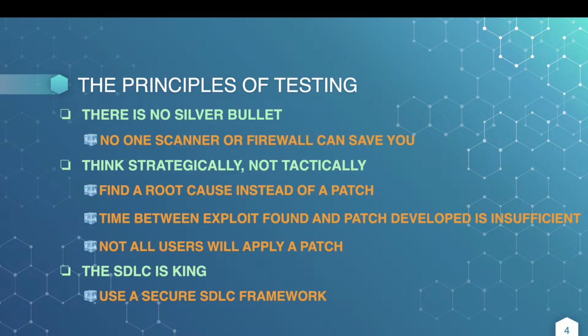We also know that one of the principles of testing is the software development lifecycle is king, according to the Web Security Testing Guide from OWASP. We want to use a secure software development lifecycle framework, but of course this requires you to have at least some business knowledge already. What is a software development lifecycle?